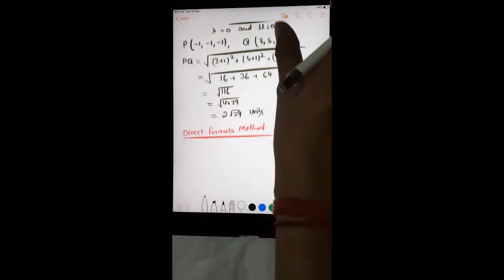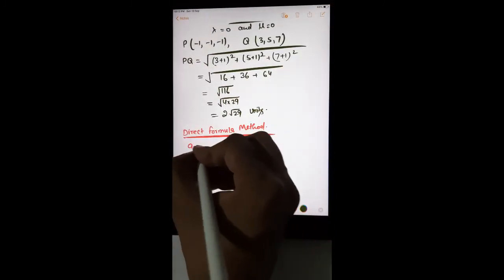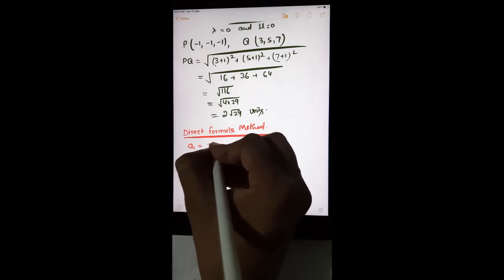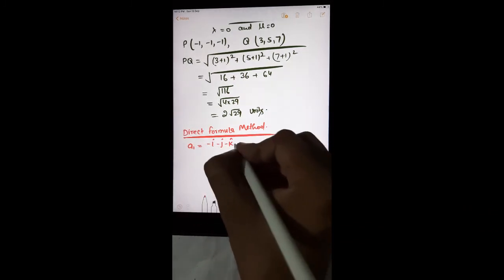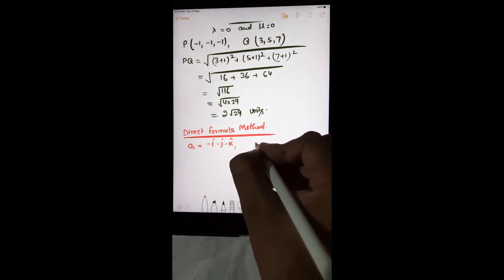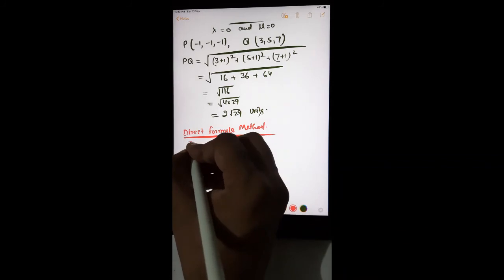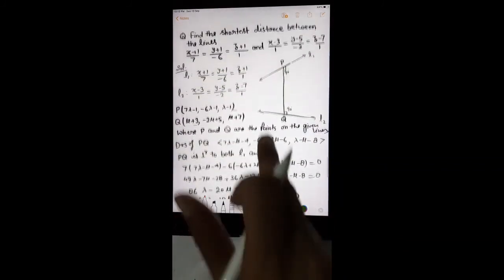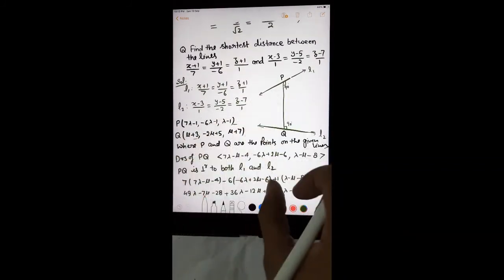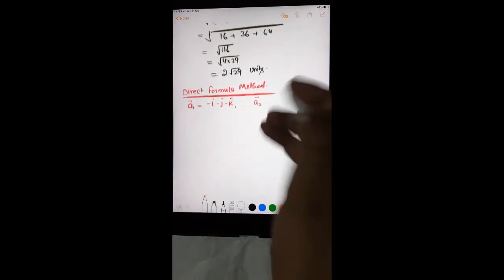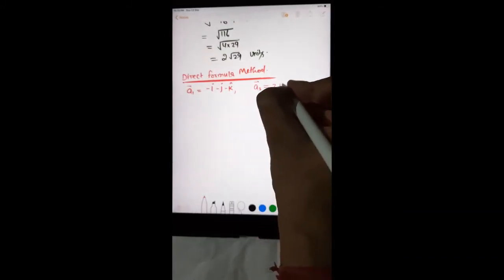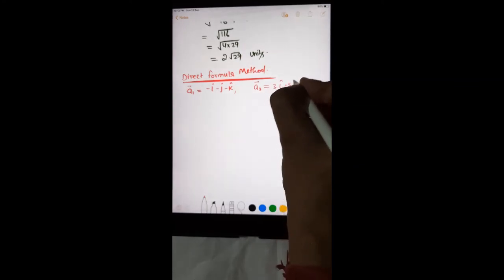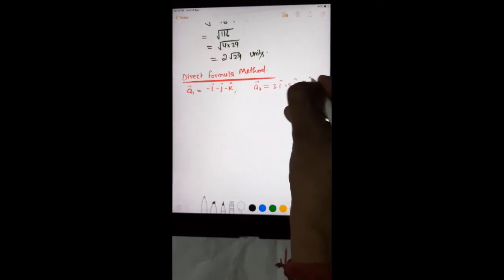So the position vector of that point A1 will be minus i minus j minus k, and the second line is passing through the point 3, 5 and 7, so the position vector is 3i plus 5j plus 7k.